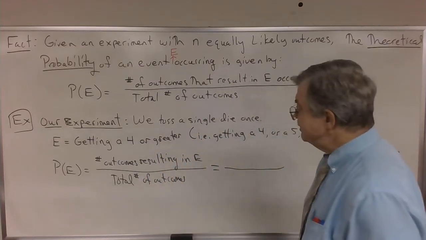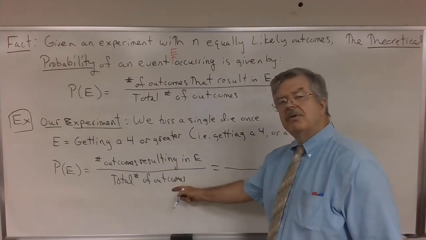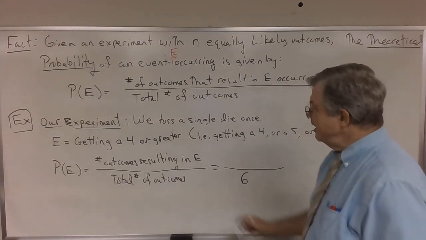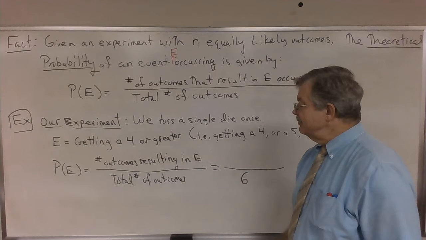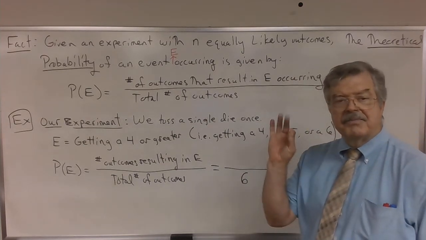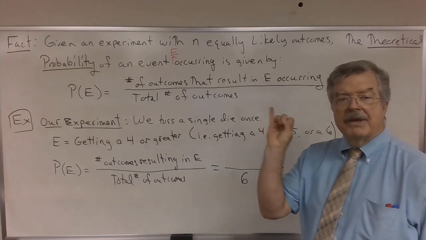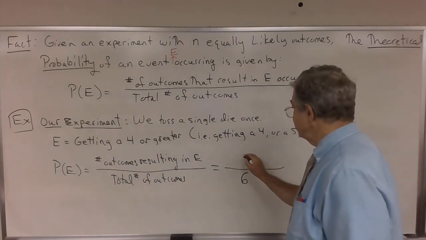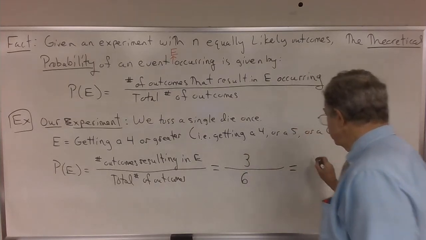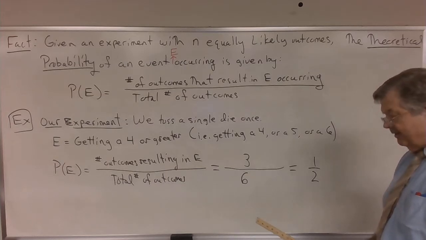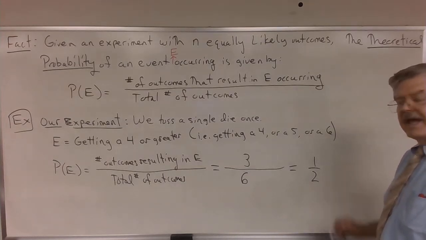Now we're tossing a die, so the total number of outcomes is 6. Of those 6 outcomes, the total number that result in E is 3. We either get a 4, a 5, or a 6. So the probability of getting a 4 or greater is 1/2.